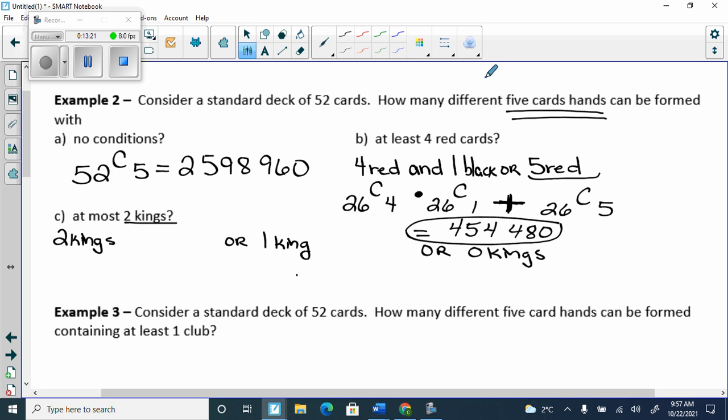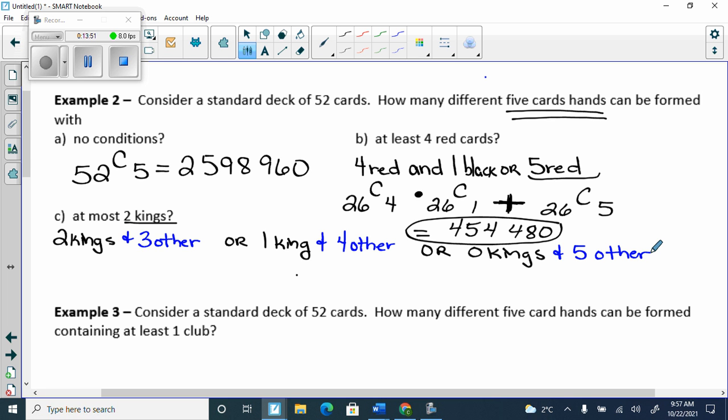So 2 kings and technically 3 other, or 3 not kings, correct? 1 king and 4 other. 0 kings and 5 other. Do I actually have to show the 0 part? No, you can type it in, it's going to get you 1, so you'll multiply by a 1. Or you can not type it in because it gets you a 1. But we'll get there in a second.